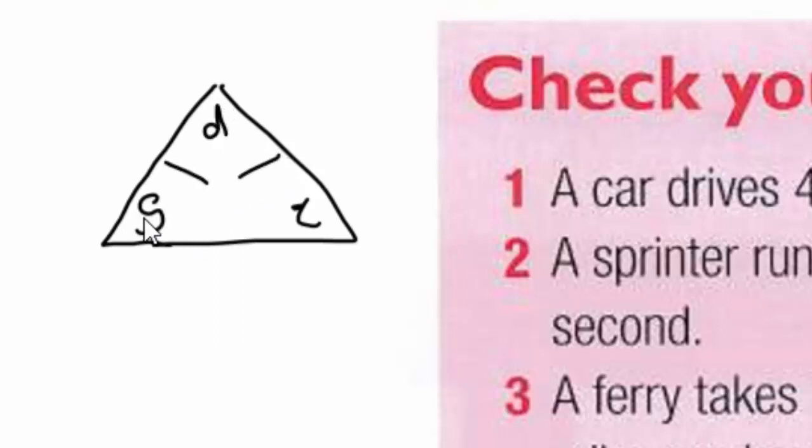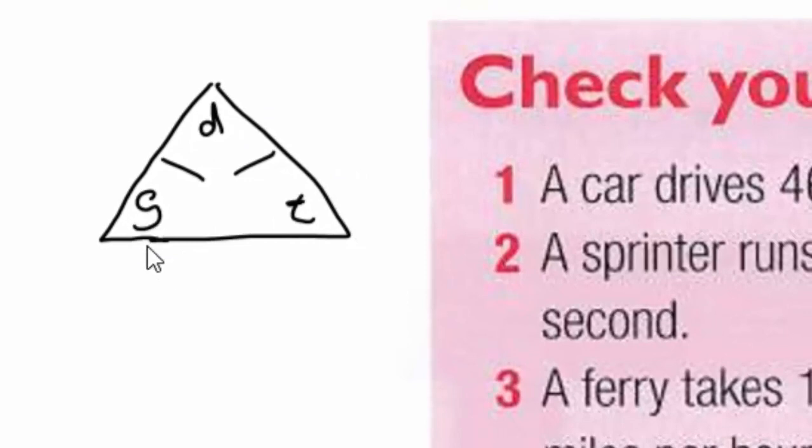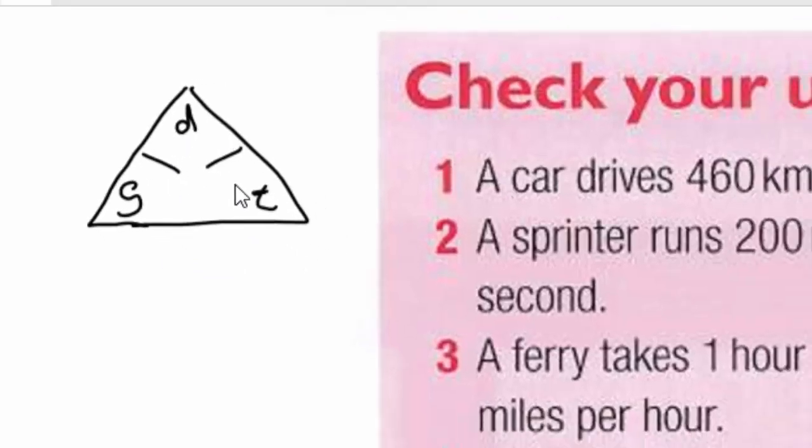So speed is equal to distance over time. Time is equal to distance over speed. And distance is equal to speed multiplied by time, because distance should always be at the top.